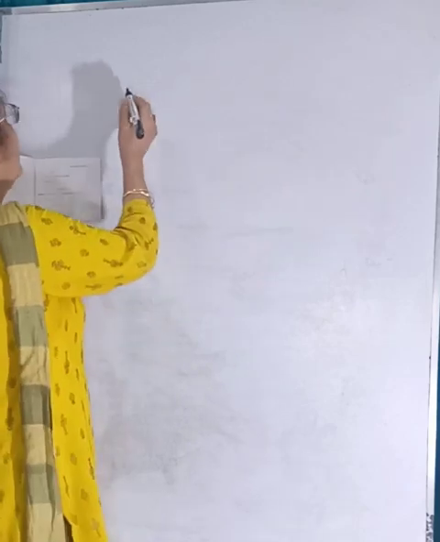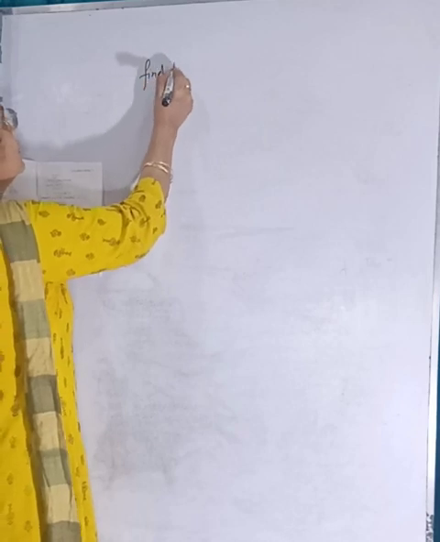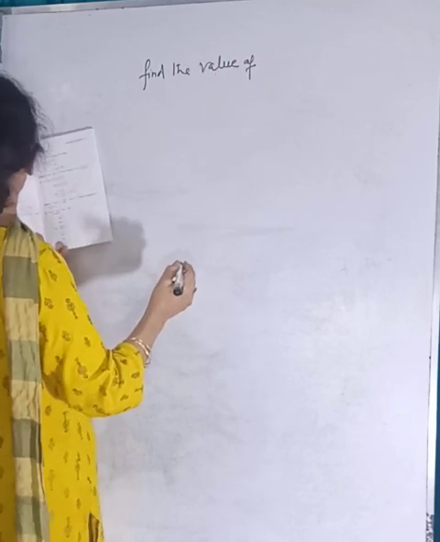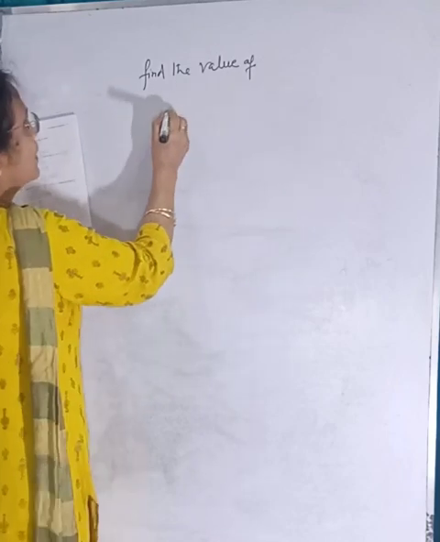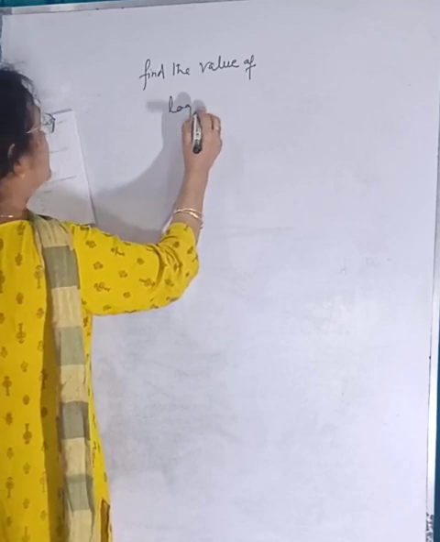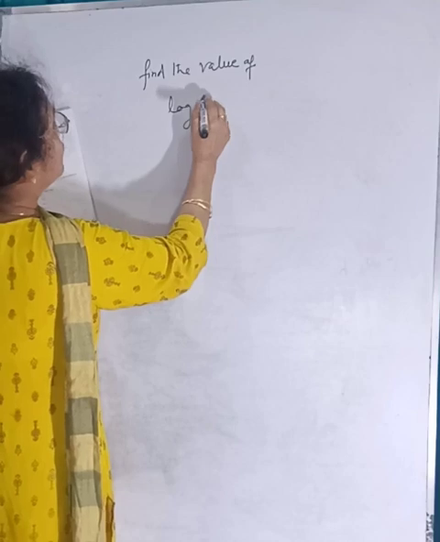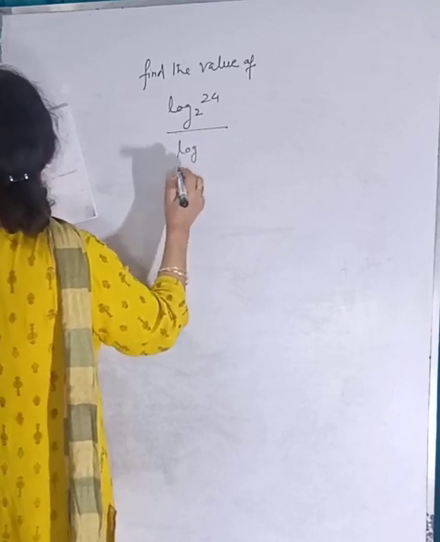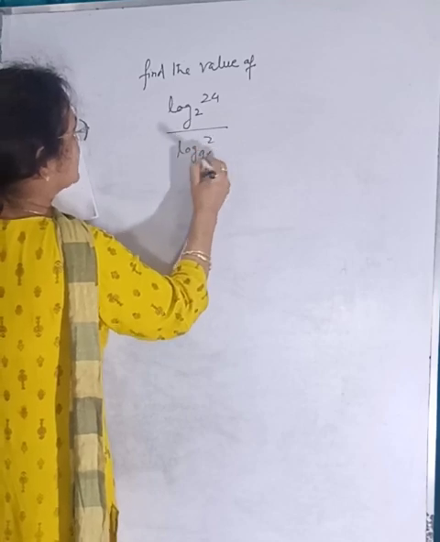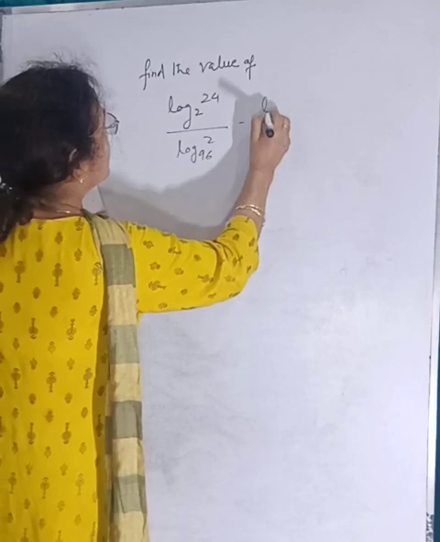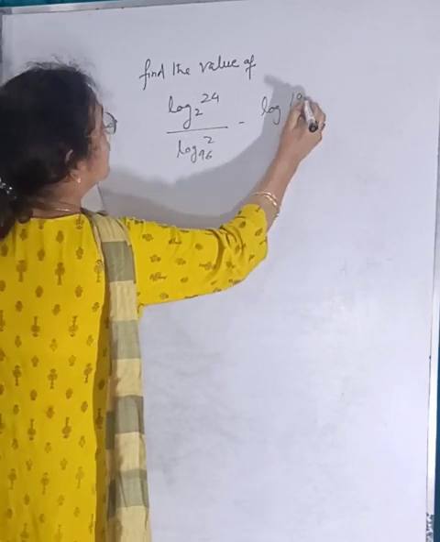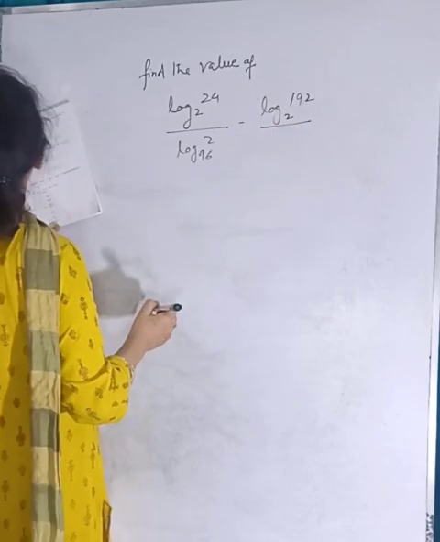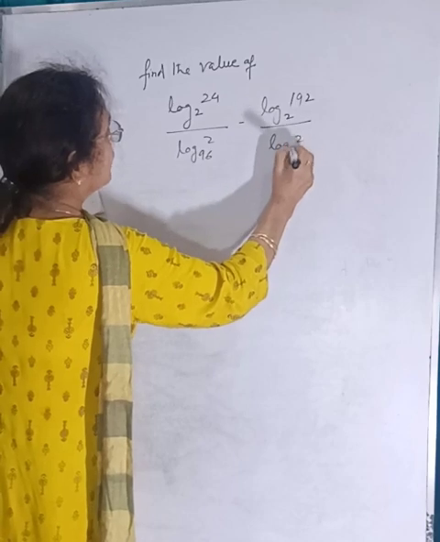Question is, find the value of log of 24 with the base 2 upon log of 2 with the base 96 minus log of 192 with the base 2 upon log of 2 with the base 12.